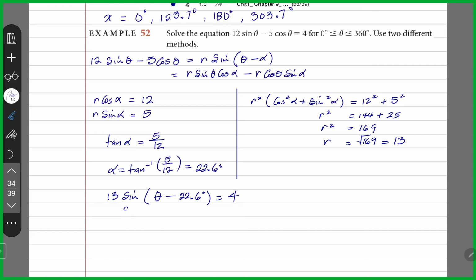Dividing both sides by 13, I'm going to get sine theta minus 22.6 is equal to 4 over 13.